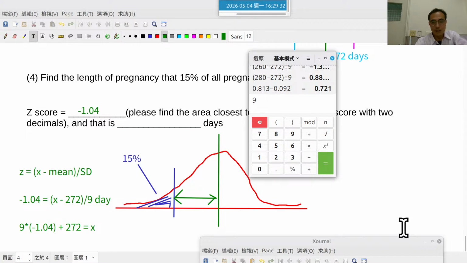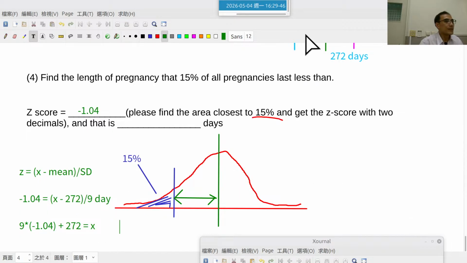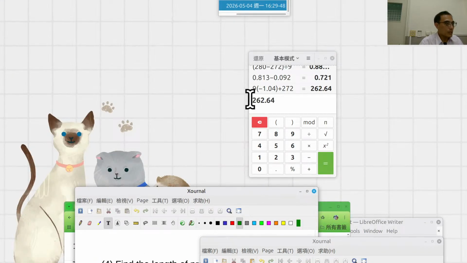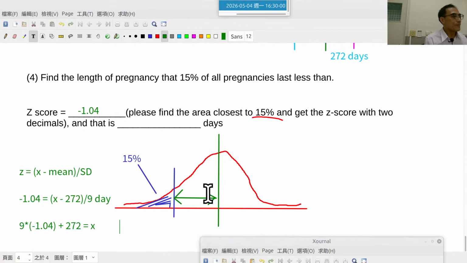9 times minus 1.04 plus 272. The answer is 262.964. Sure, you can write it as 263, that is also okay.